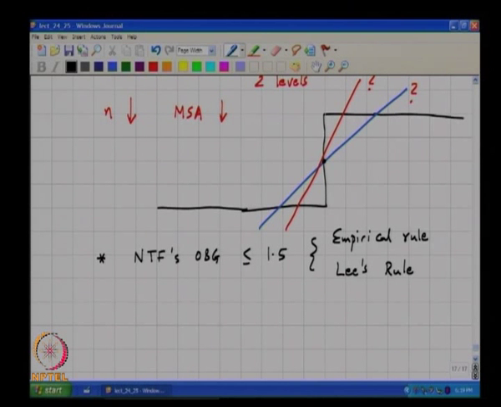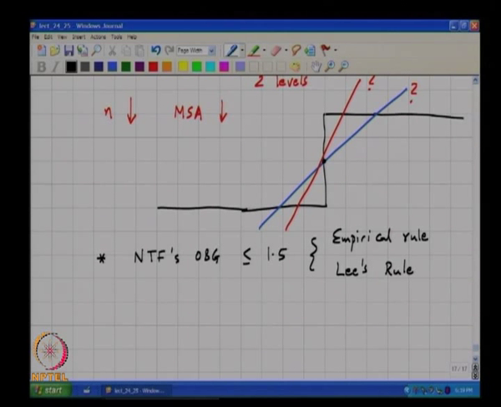Okay, there is a master's thesis at MIT maybe 20 years back or something like that, where a whole bunch of simulations were run on single bit modulators, and a rule of thumb is to say, okay, if I choose an out of band gain of about 1.5, in other words, if I do not make the noise transfer function too aggressive, that makes sense intuitively, right.